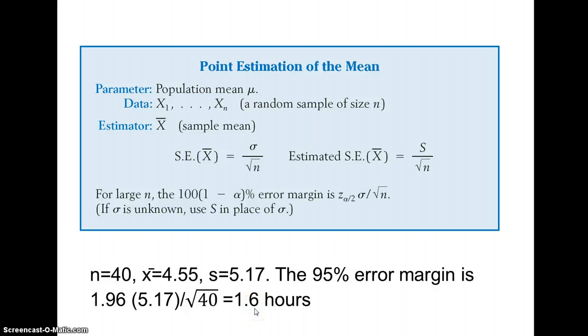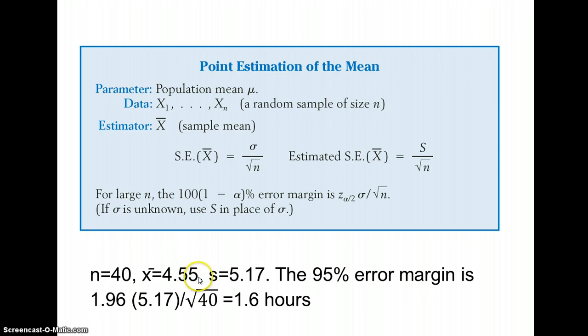In other words, we are 95% certain that the distance from the average you found to the real population mean is 1.6. So you can say this is how good this number is.